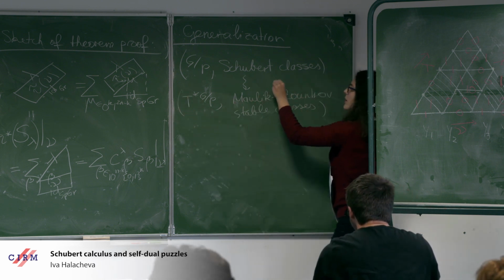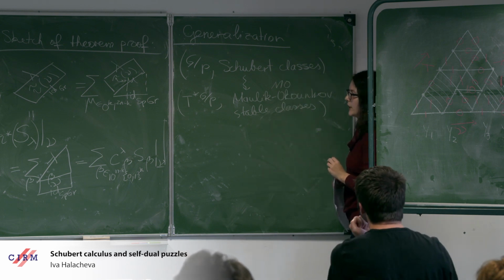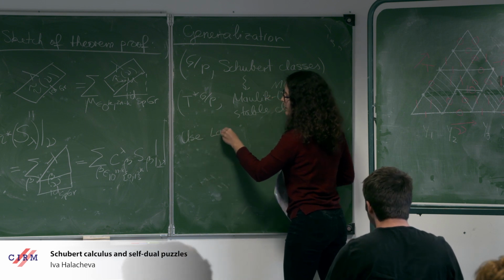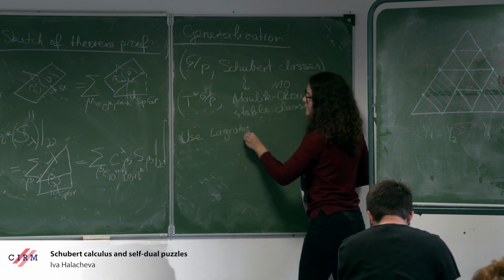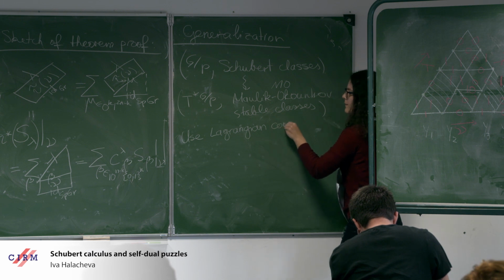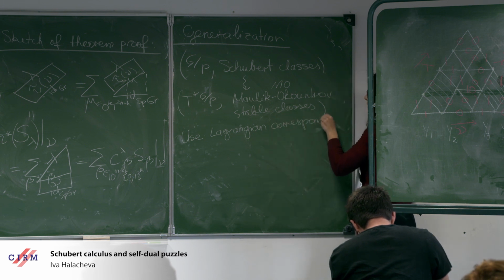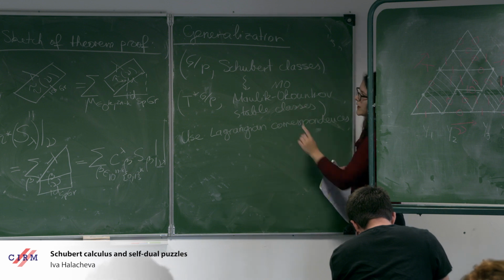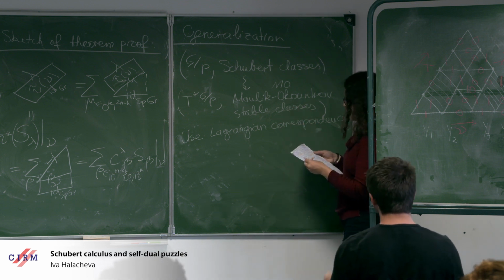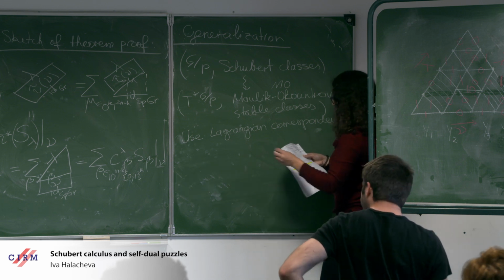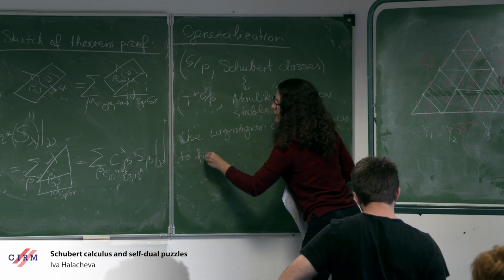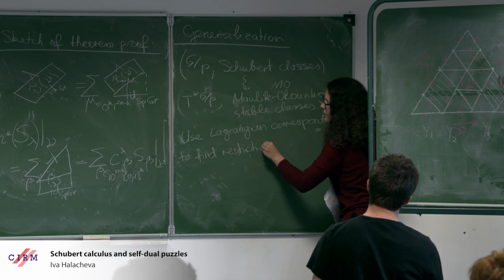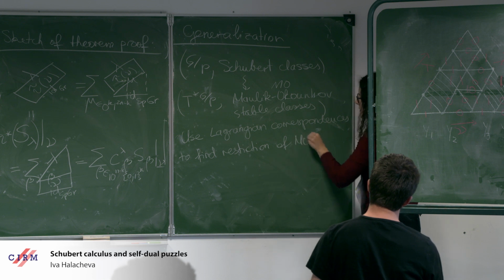I'll just call them MO classes for short. So the idea is to use Lagrangian correspondences to understand the restriction of these MO classes from type A to type C.